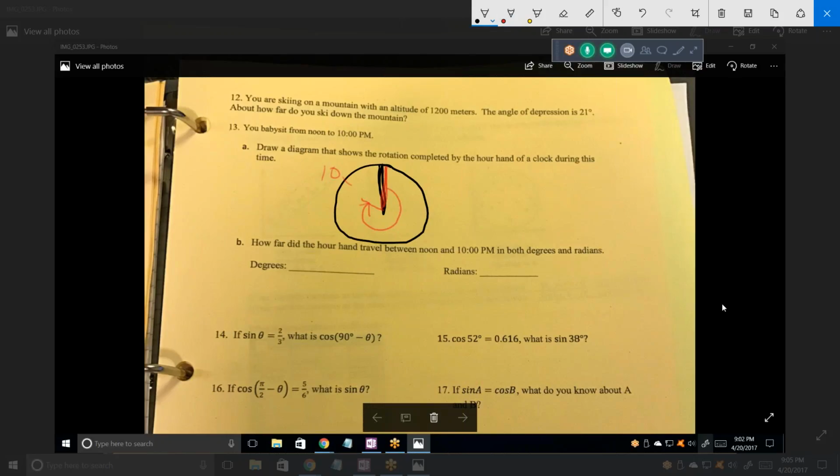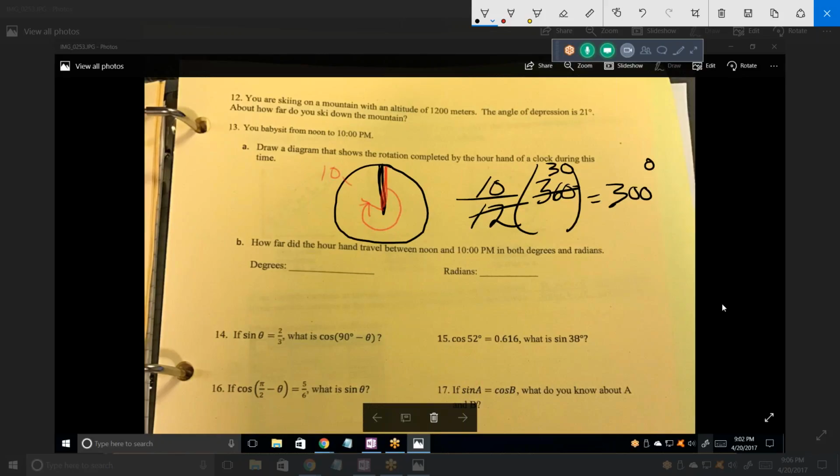The full circle, I would go all the way around to 12, right? So this is 10 twelfths of a circle. So 10 twelfths times 360. 300 degrees. 12 to there is 30. 10 times 30 is 300. Oh, that's easy.